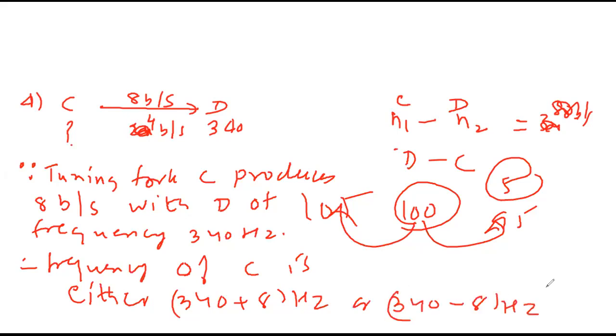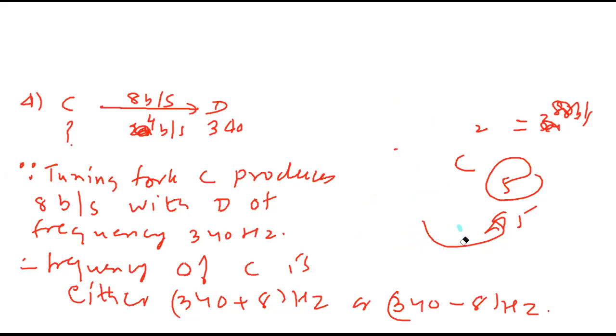These are the possibilities of frequency of C. So frequency of C is either larger by 8 than D or smaller by 8 than D.